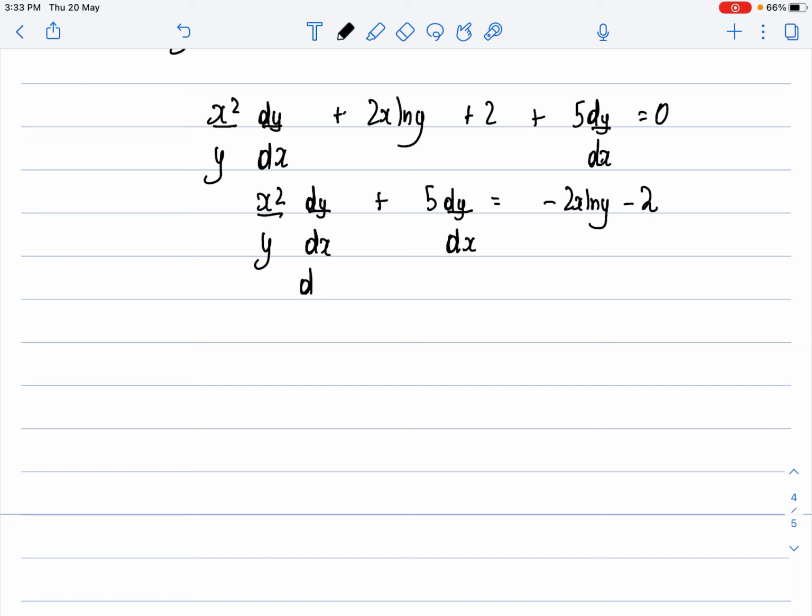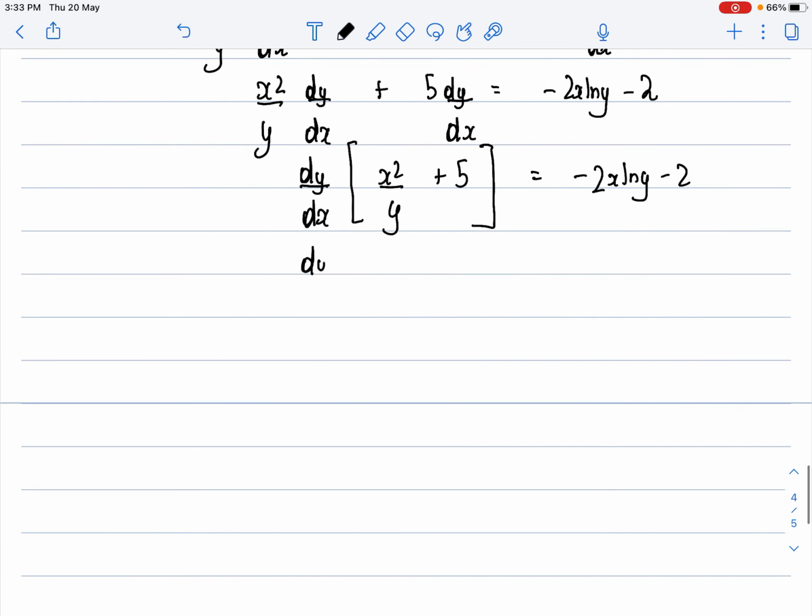Now I can simply take dy by dx common to get x square over y plus 5, which is equal to minus 2x ln y minus 2. Now I can simply write this as dy by dx equals minus 2x ln y minus 2 over x square by y plus 5.